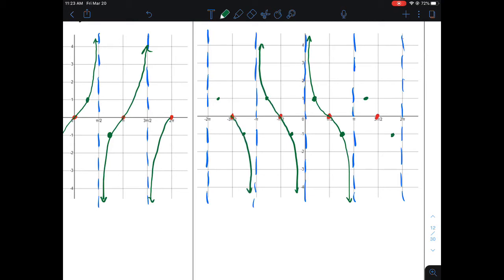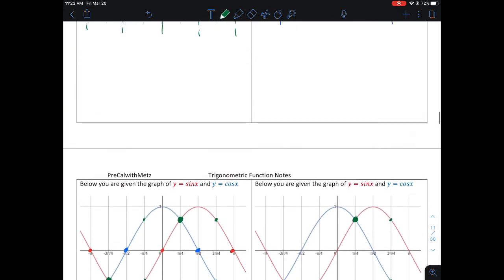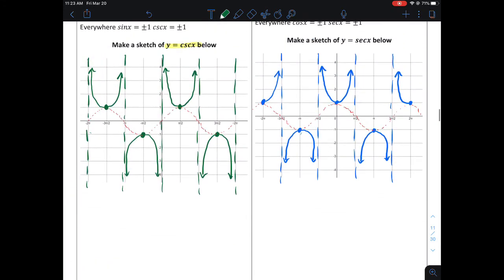Talk about the periods of these trig functions now that we have graphs. So here's the graph of cotangent. Now let me go back to cosecant and secant. We know that sine and cosine have a period of 2 pi radians.